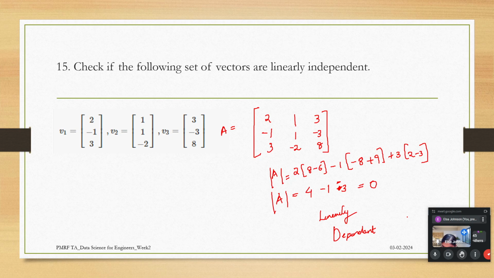Is it that one or any previous assignment question? Just tell me what the question is. If it is there in the set of questions, I can show it to you. Anyway, we'll check that later.